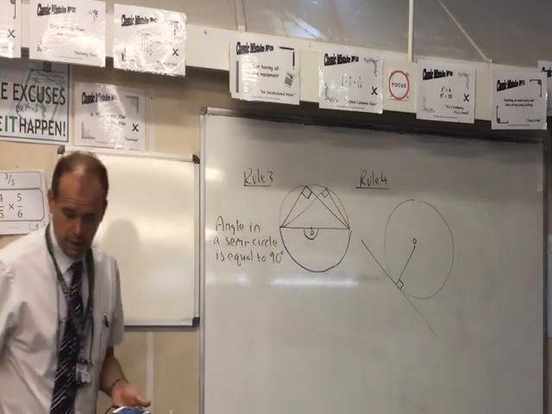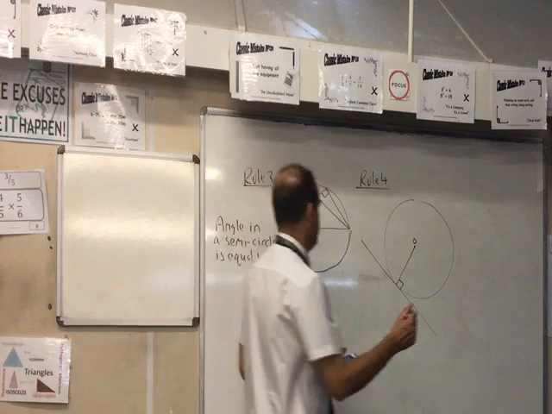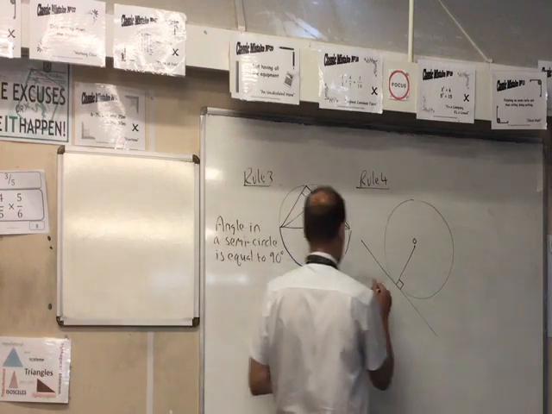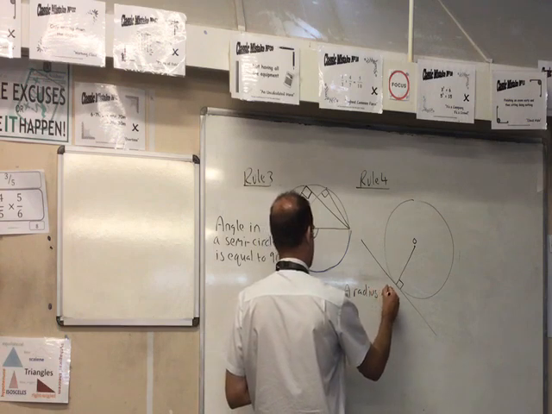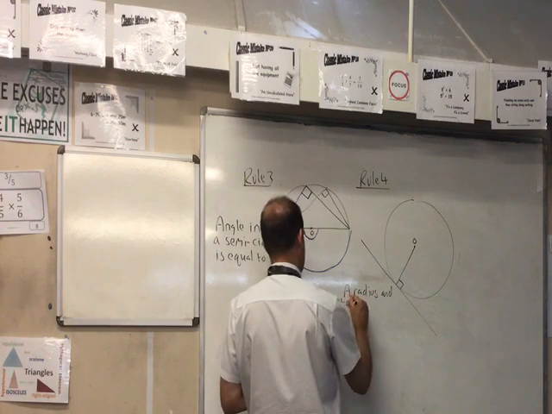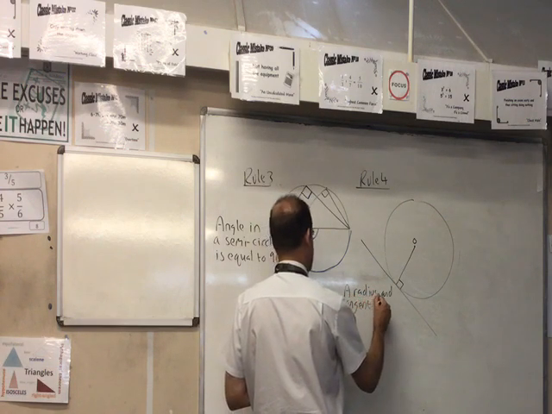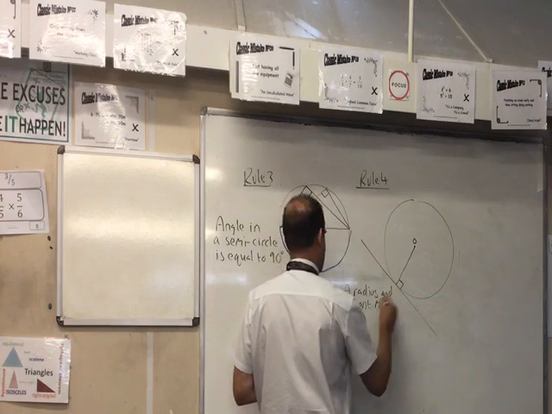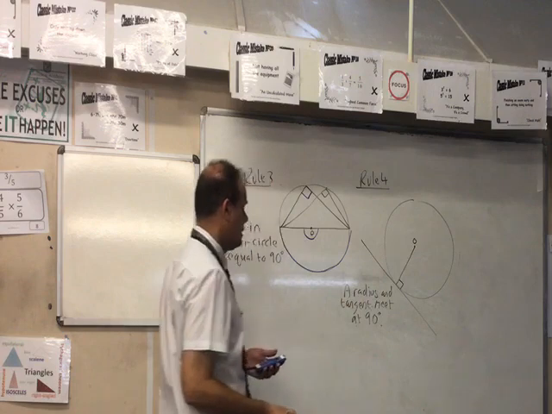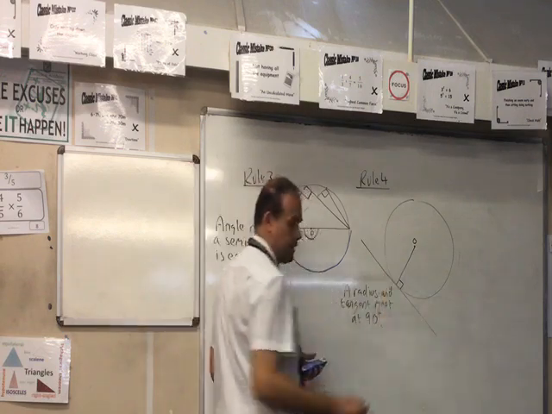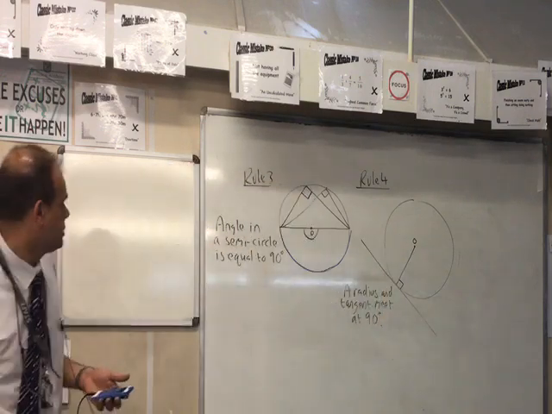And that goes under the reason: a radius and tangent meet at 90 degrees. Very simple one. Again, it involves the centre on that one. Let me just rub those out.